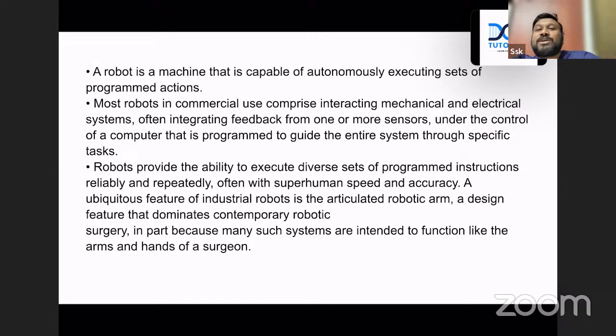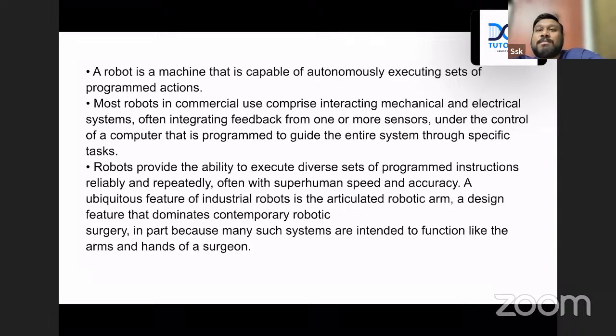And a ubiquitous feature of industrial robots is the articulated robotic arm, a design feature that dominates contemporary robotic surgery, in part because many such systems are intended to function like the arms and hands of a surgeon. Though this is not very often used in the Department of Neurosurgery, there have been robotic systems.